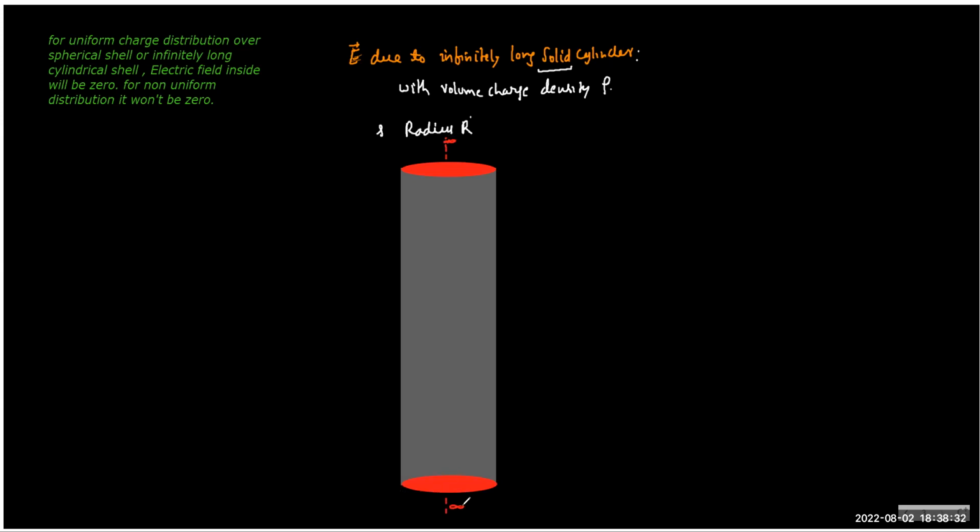The cylinder is never ending, and the radius of the cylinder is capital R. The obvious question is, we will ask the electric field at any distance small r from the cylinder's axis, and r may be inside and r may be outside.